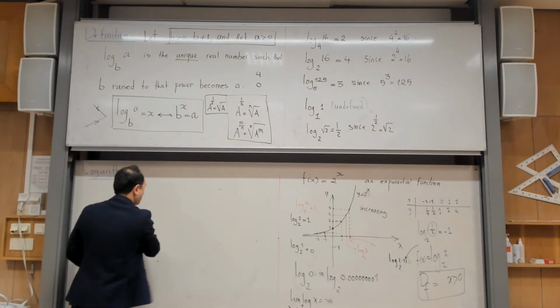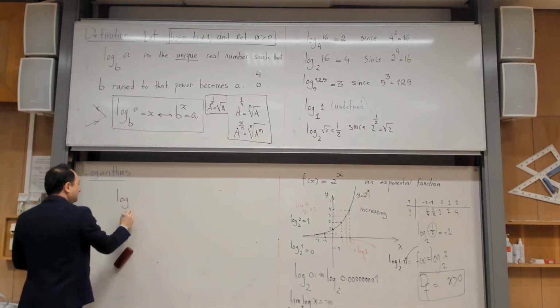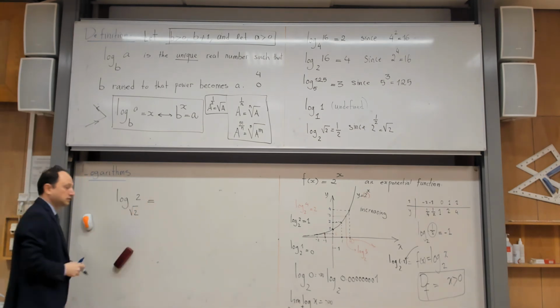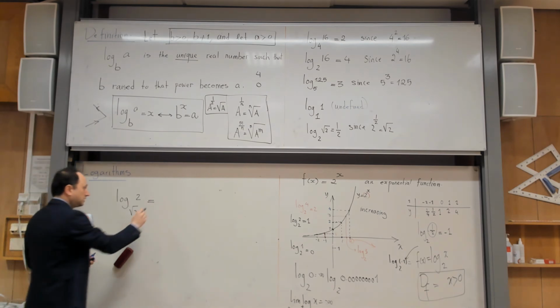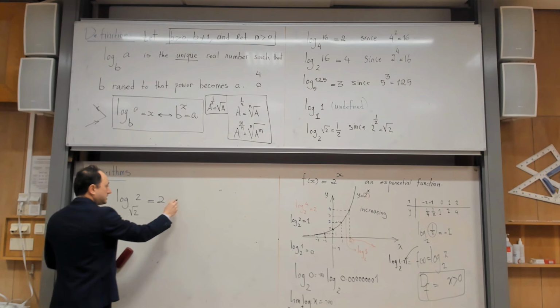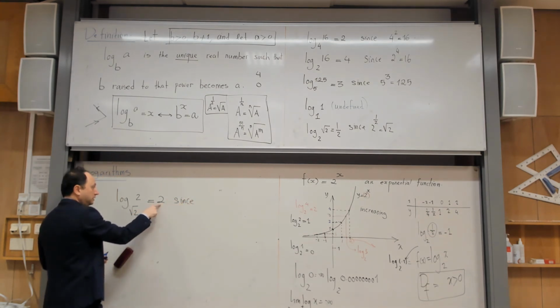So now can you tell me what is this one? So what is logarithm? I put 2 here, square root of 2 here. What's the answer? 2. This is 2, yes? If someone asks you why this is 2, you would say since, what happens? This number to this power is this number.